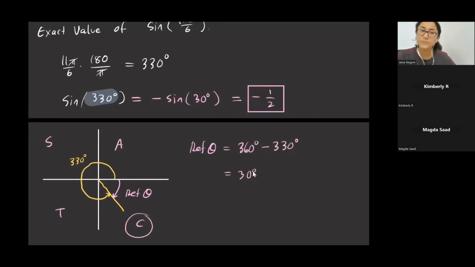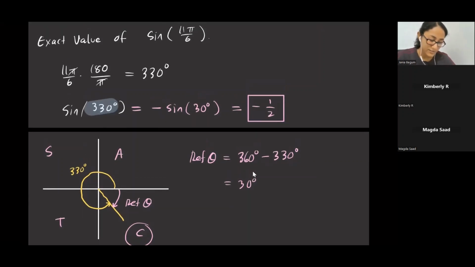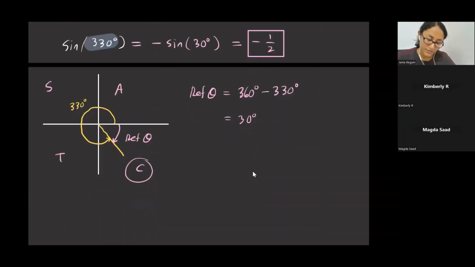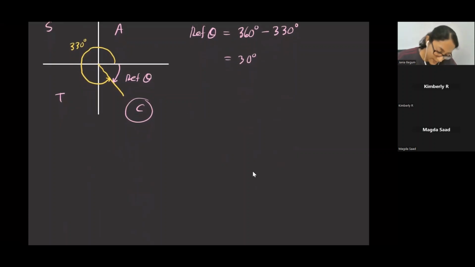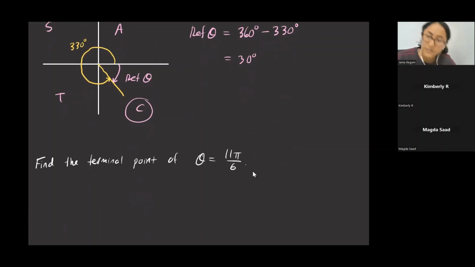Now, when we ask for the terminal point, then we actually ask for both sine and cosine. So I'm going to take the same question and just change the instruction: instead of exact value, I'm going to ask you to find the terminal point. So what if we're looking for the terminal point of theta equals 11 pi over 6, which you know already is 330 degrees?